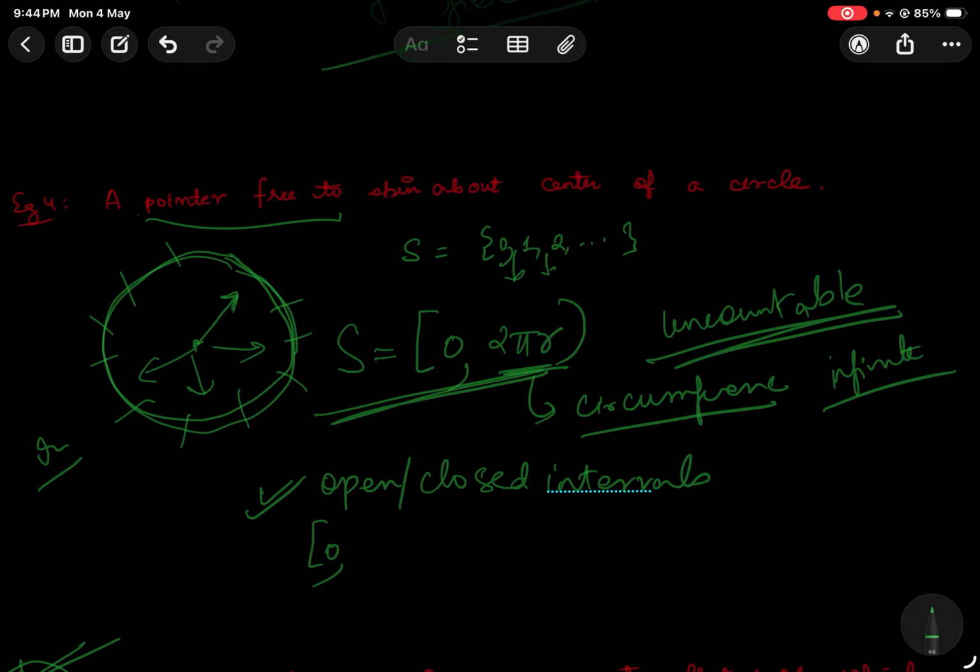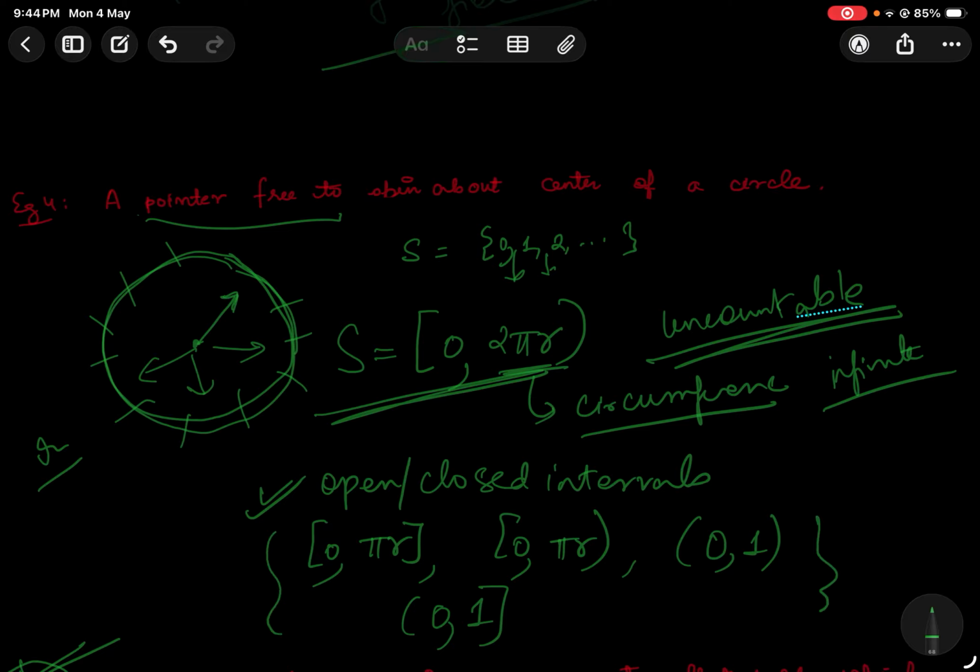So you can define a probability on 0 to pi r, say. You can define it from 0 to pi r. You can define it from 0 to 1. You can define it from like this. So for all these events, probabilities can be defined. And that is our sigma field. That is our events of interest in these types of cases.